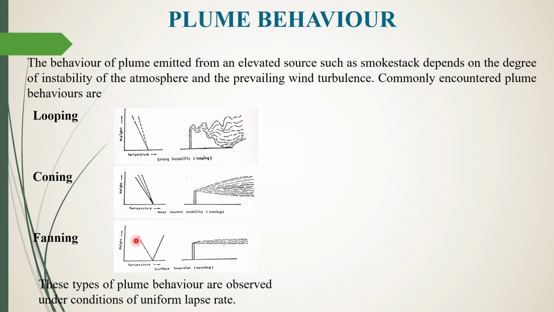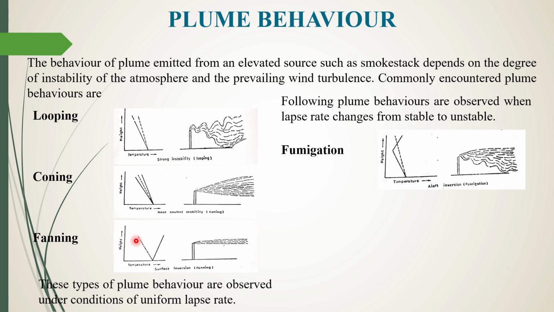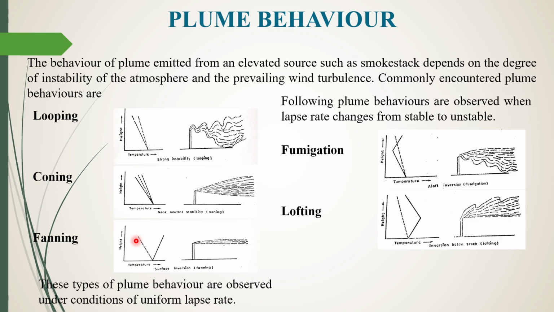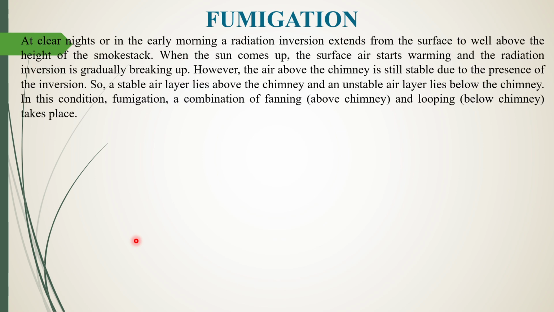So the following plume behaviors are observed when lapse rate changes from stable to unstable. One is fumigation, lofting and trapping. Today I discuss them one by one.